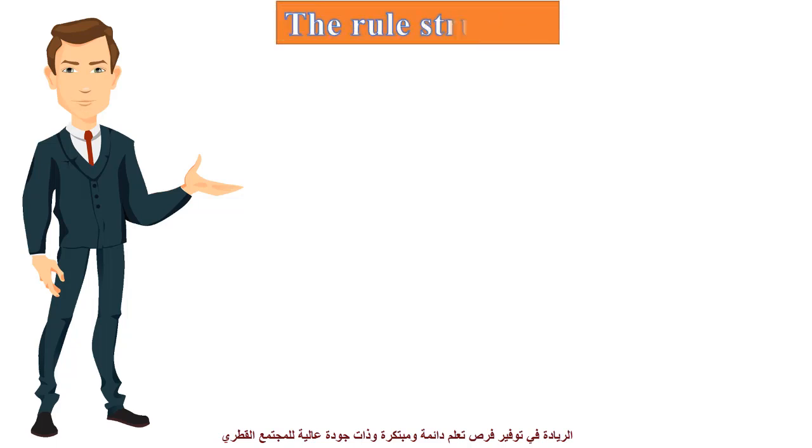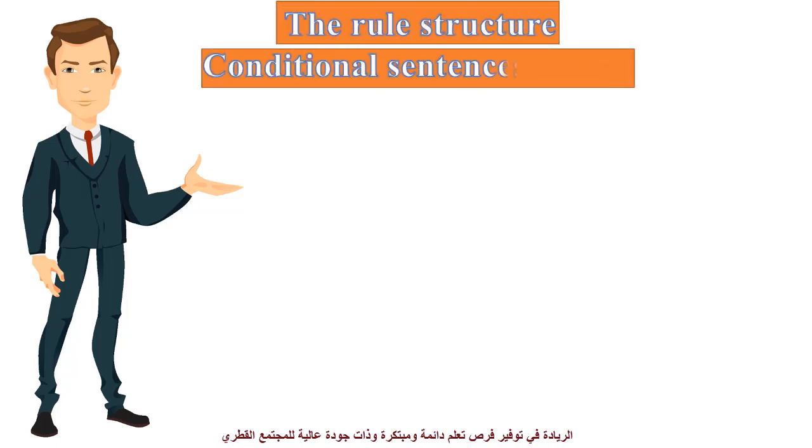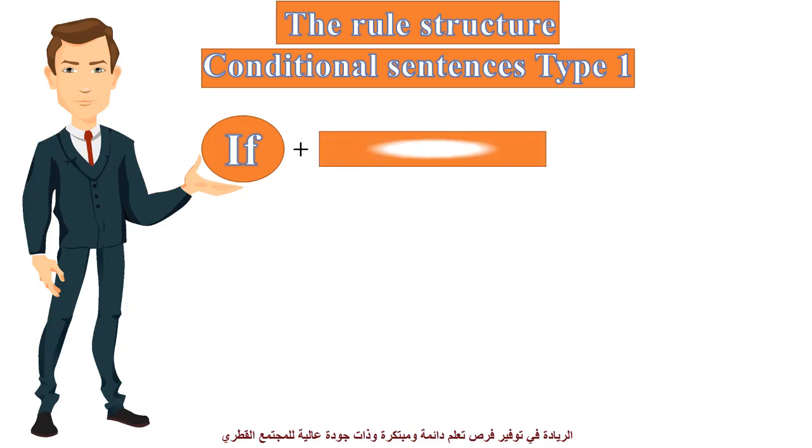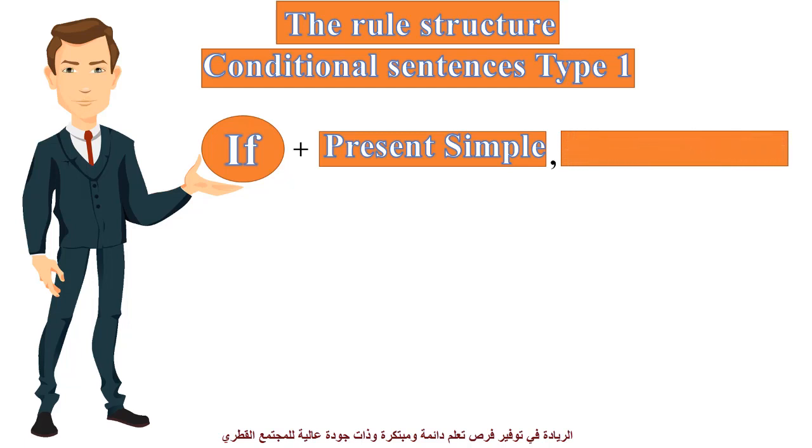And now let's begin with the rule structure of the conditional sentences type 1. We begin with if, the conditional tool, then we have to use the present simple sentence, then a comma, do not forget a comma, then future simple sentence.